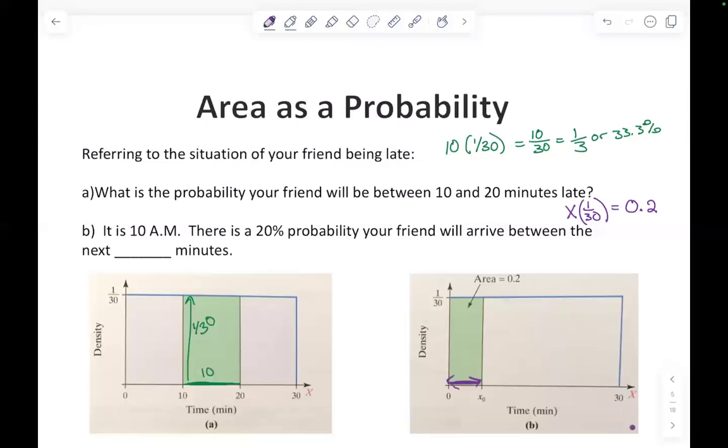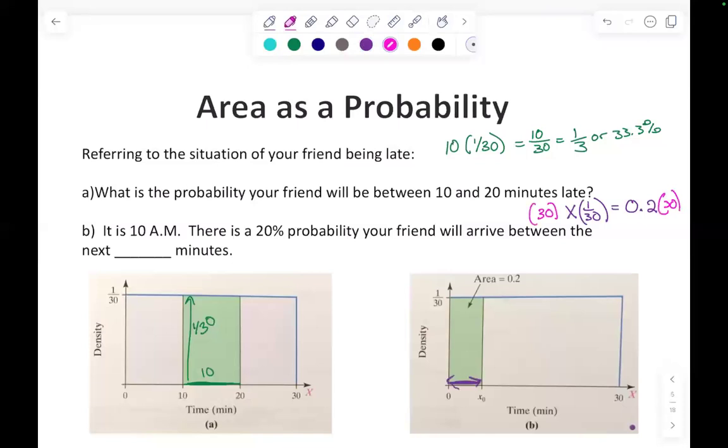I'm going to math this out in order to get x by itself. I'm going to multiply both sides by 30, because 30 divided by 30 is 1. I'm going to use my handy dandy calculator. 30 divided by 0.2 gives me 150. What the heck?